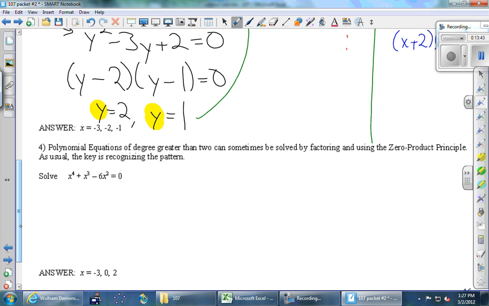What do you see that's inside of all three of these terms? There's some x's inside of all those terms. And what we want to do is factor out the most x's you can. What's the most x's you can take out of all three? It's x squared. So we'll factor out the x squared.